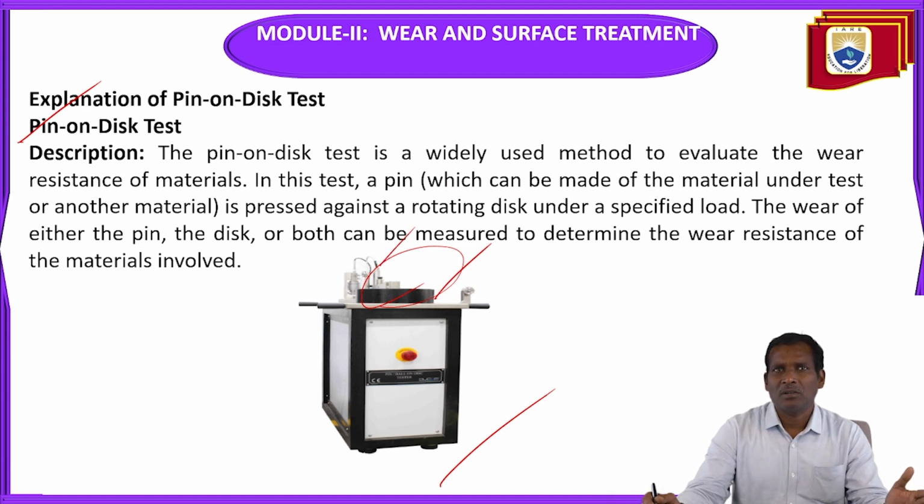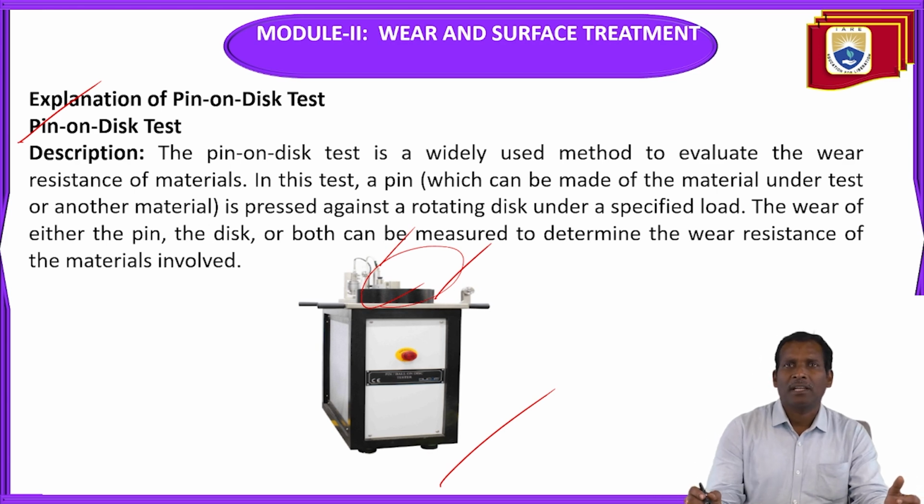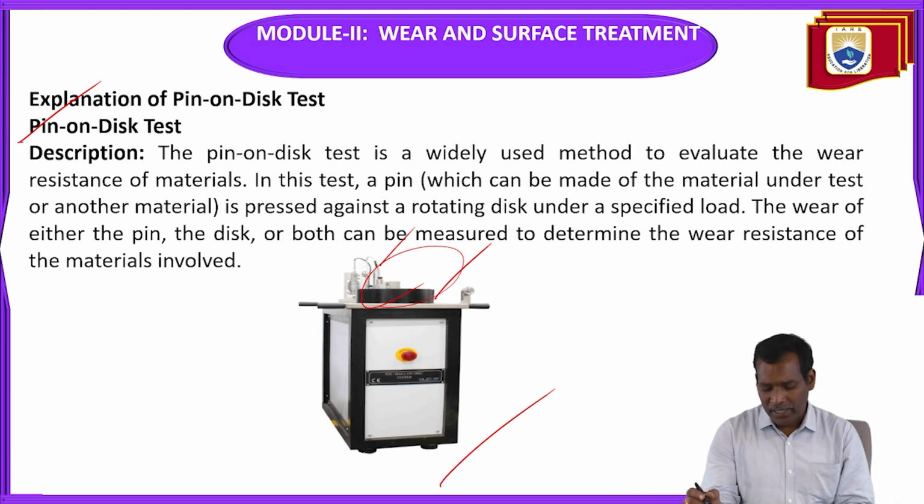Whenever this pin is pressed against the rotating disc, some wear will occur. Both can be measured to determine the wear resistance of the materials involved. Whatever load is required, that load is applied, and you can adjust the radius, the distance, and then calculate the wear rate for different materials.